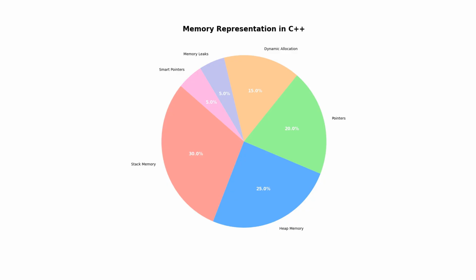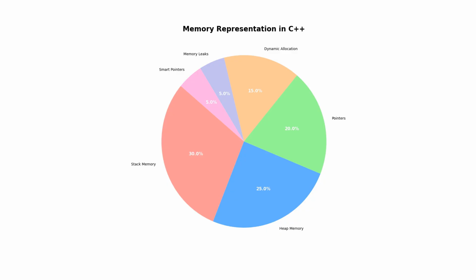Next, we have pointers at 20% and dynamic allocation at 15%, which together make up 35%. This highlights that addressing and allocation mechanisms are the next most significant concerns in memory management. Memory leaks and smart pointers each occupy 5%. Now, you might think, oh, that's small, but they represent distinct topics. Memory leaks focus on a common failure mode, while smart pointers offer a mitigation and ownership strategy.